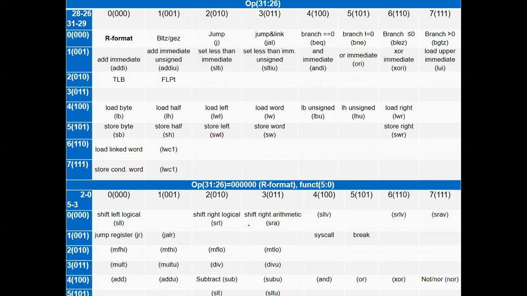here. Since it's an R type, you will look for the R type, and it's 0000, and you will find that this is the SRL, and the SLL should be in the table below, and you can see it here.